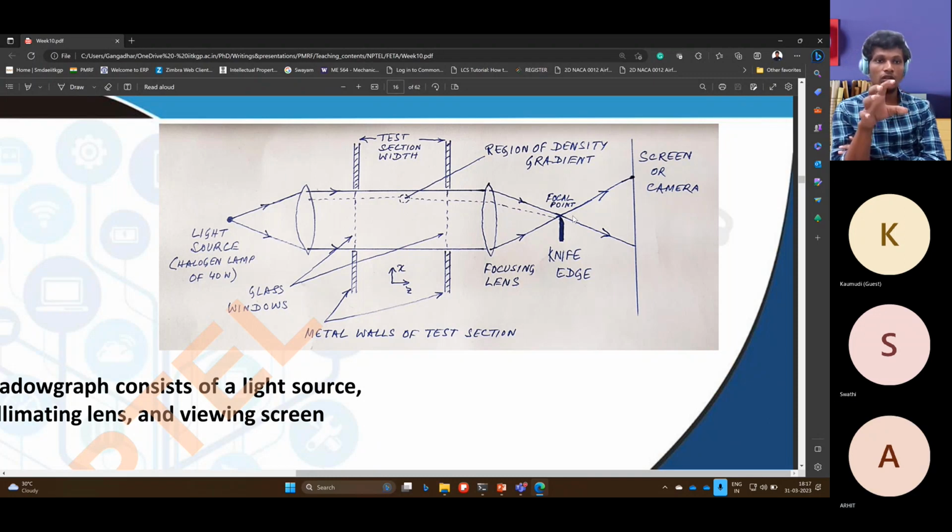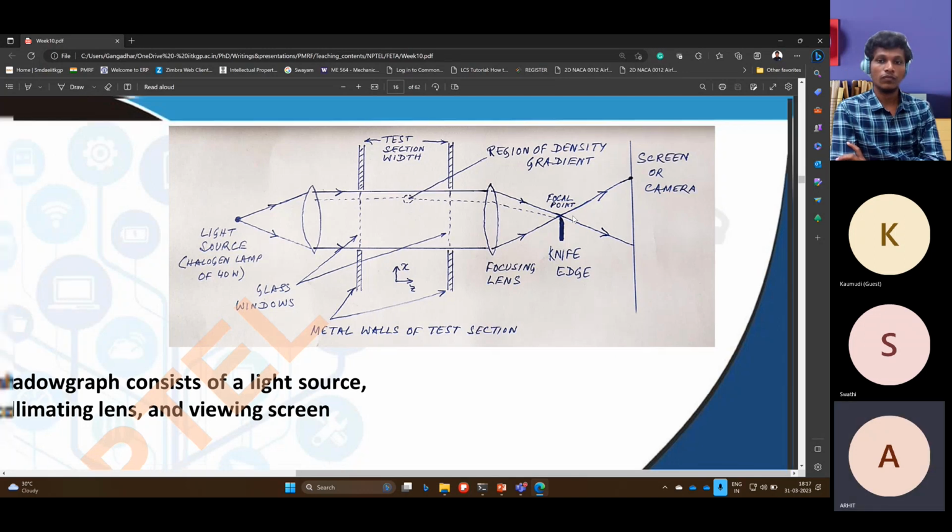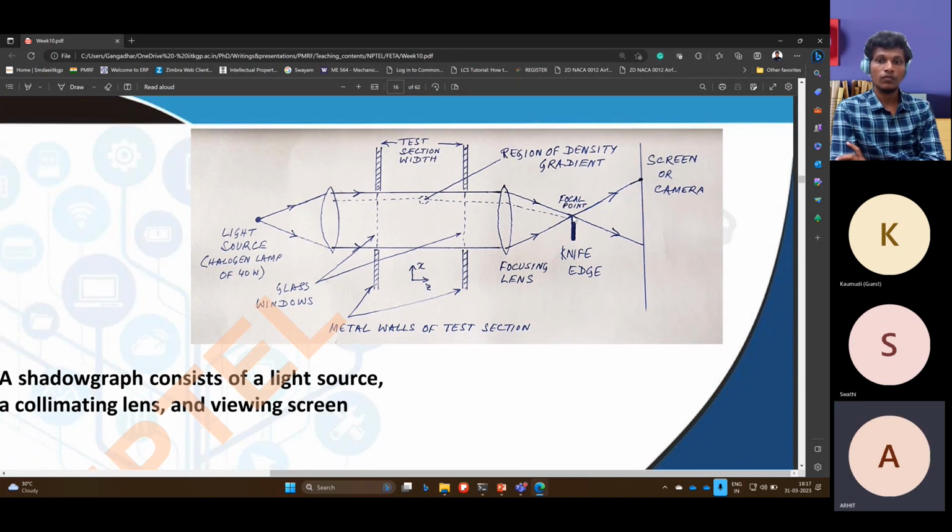Do you understand the use of the knife edge in this optical illustration, in the optical techniques that you learned? I thought this knife edge was used as an obstacle in the path of the light rays, and it was used for diffraction of light. I thought like that.